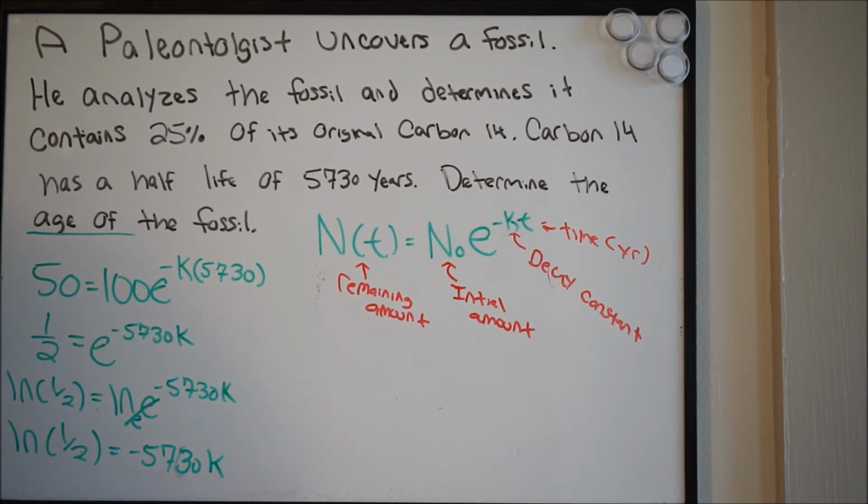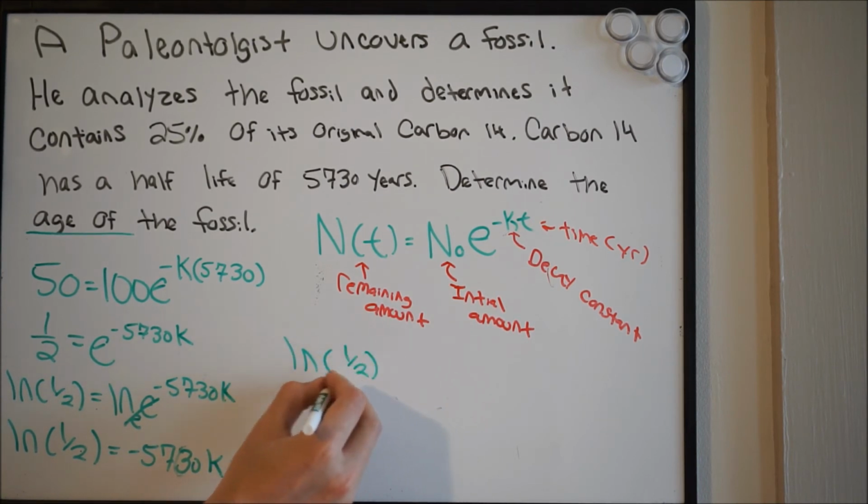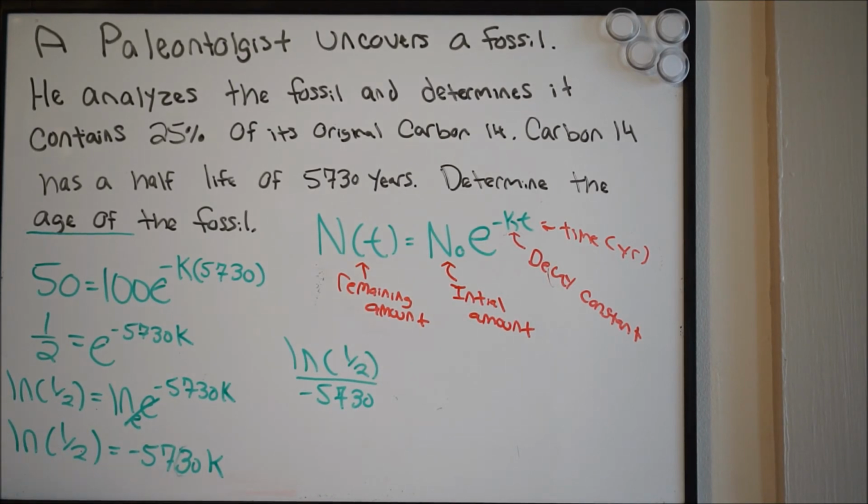So at this point, we're just simply going to divide both sides by negative 5,730. So you're going to have ln of 1/2 divided by negative 5,730. Let's go ahead and put that in our calculator to see what we get here. So we take natural log of 1/2 divided by negative 5,730.